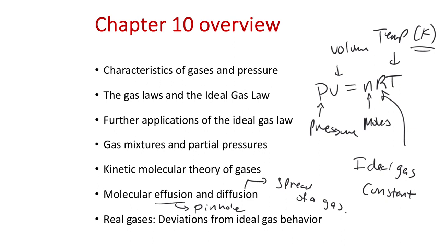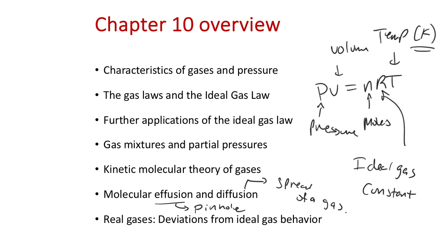One of the better examples of diffusion would be the smell of coffee permeating through a house, making its way up to the second floor. And so that's the spread of the compounds in coffee, spreading through air. And so that's the concept of diffusion. So we'll talk about factors that relate to the rates of effusion and diffusion as we proceed into the chapter. And then we'll wrap up with a discussion of what it means to be a real gas.